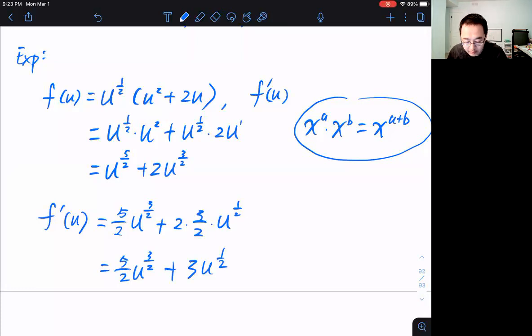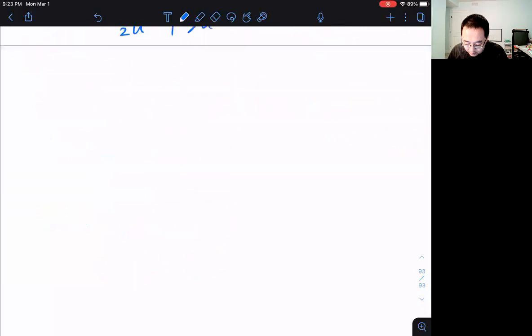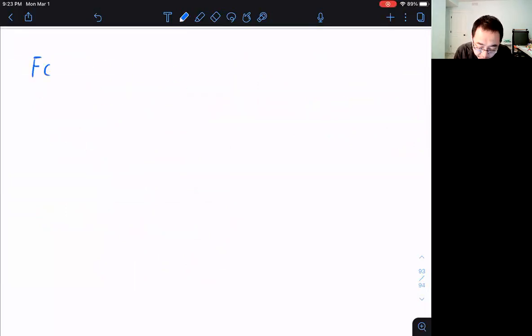All right, let's do another one. What if f of v equals v squared plus 1 divided by the square root of v, and then find f prime of v. Again, we want to manipulate this a little bit.